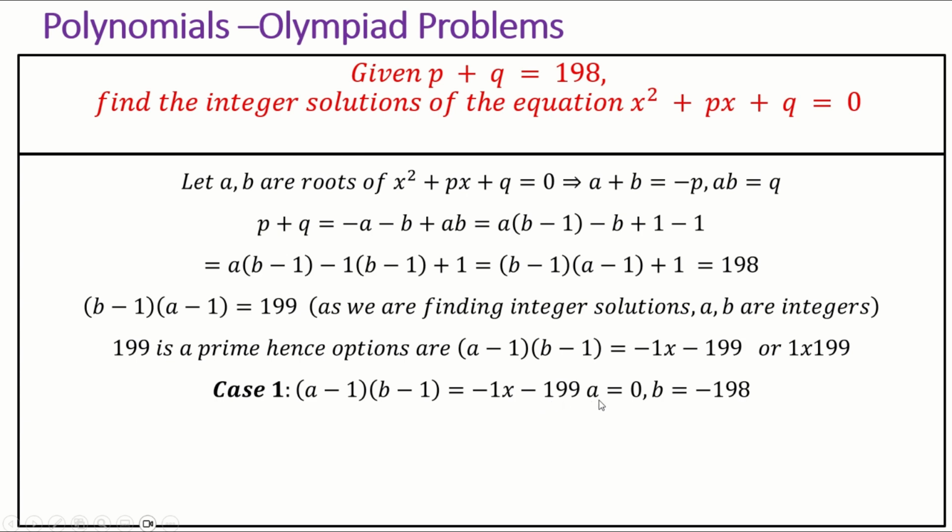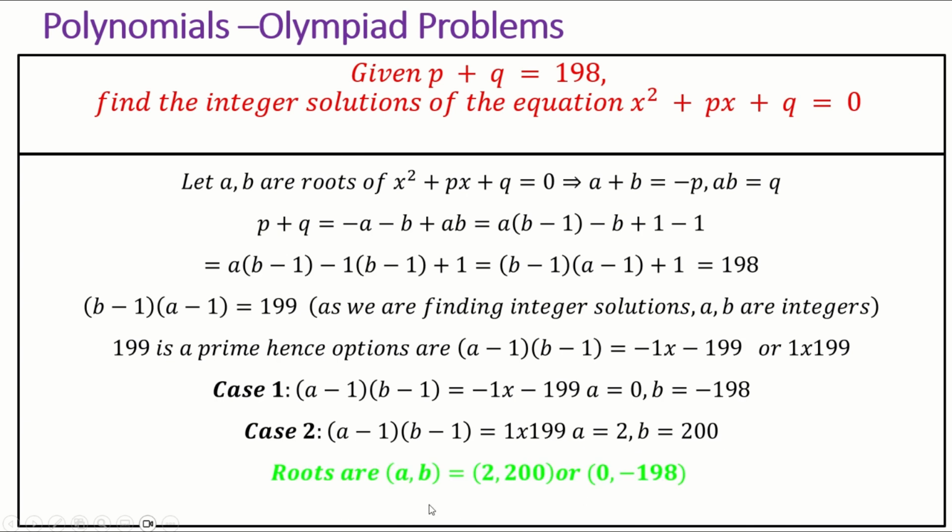Then in this case, a will become 0 and b is minus 198. Case 2, a minus 1 into b minus 1 is 1 into 199. In that case, a becomes 2, b becomes 200. So the solution set is a comma b is either 2 comma 200 or 0 comma minus 198. This is the solution set.